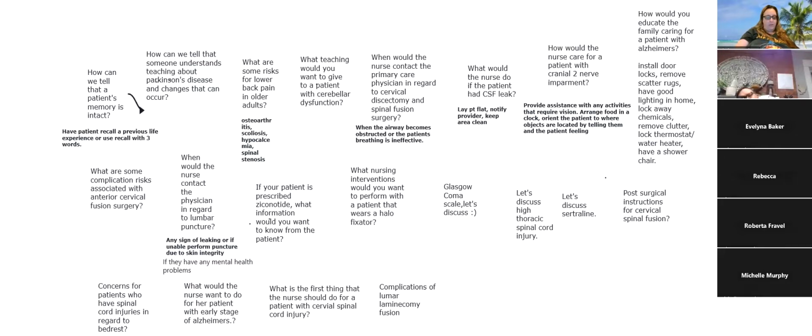So what are some complications of a traditional lumbar laminectomy with fusion? What would you want to report to the doctor if you're seeing signs of infection? Yep, you want to report signs of infection.